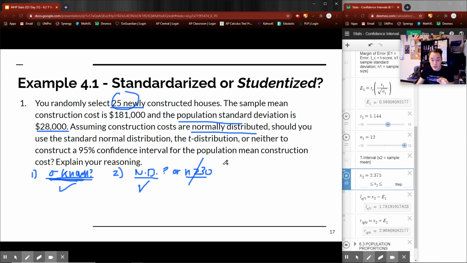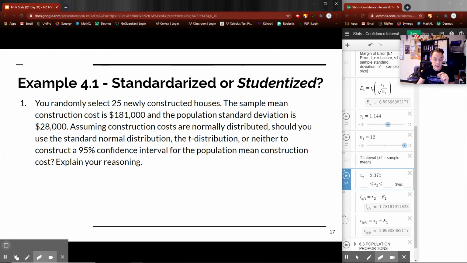Because these two things are in place, my decision is to use my standardized graph, which means I'm going to be using 6.1, and not 6.2. So this is a 6.1 scenario. I'm not going to be using the t-distribution. I'm going to be using the standard normal distribution with z-scores, 6.1. So let's try another one.